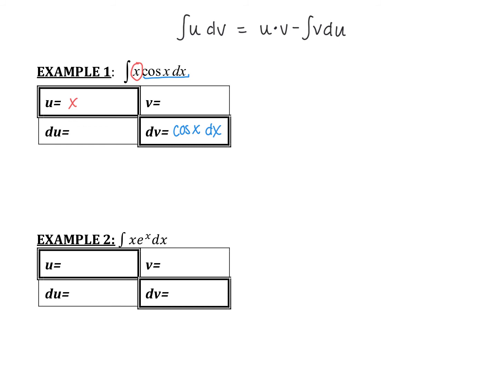Now, why, you might ask? Yes, it is true that both of them are easy to integrate and easy to take the derivative of, but in taking the derivative of u, I get the most simple expression possible.